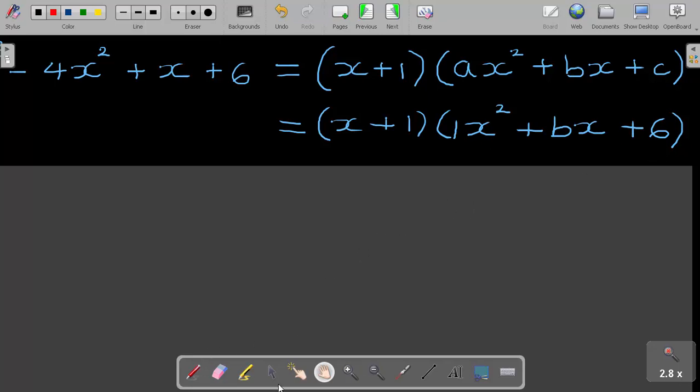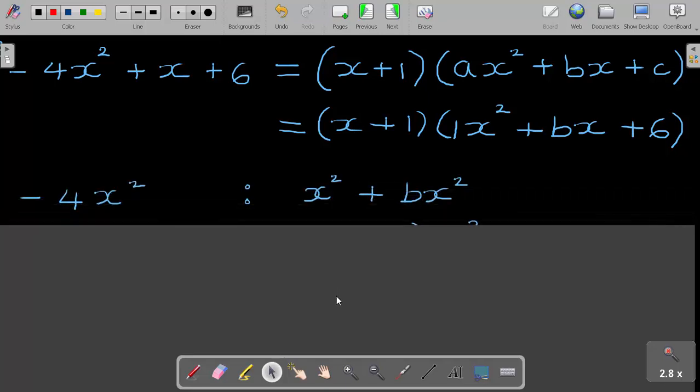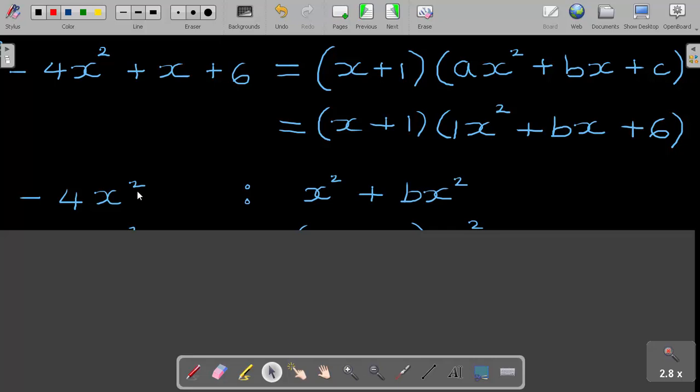Now watch this. To get my b, I compare coefficients of x squared. Now this is -4x squared, as you can see from the cubic function. On this side, how can I get x squared? If I multiply x times bx, I get bx squared.